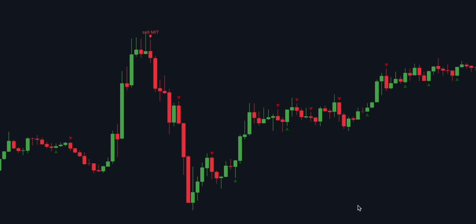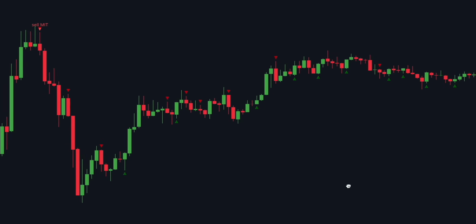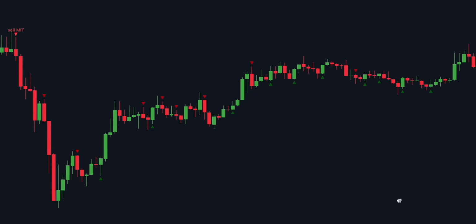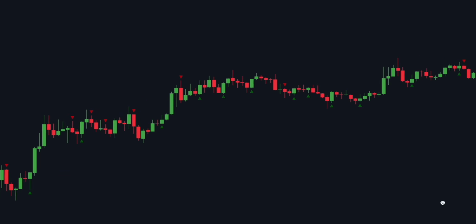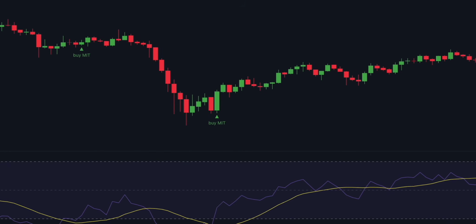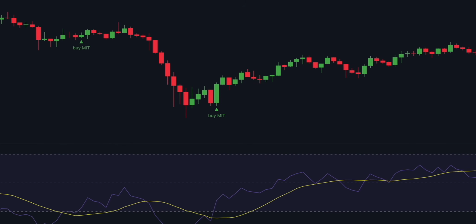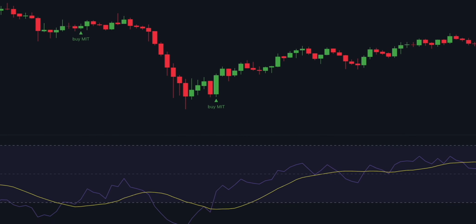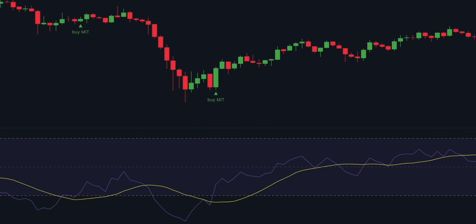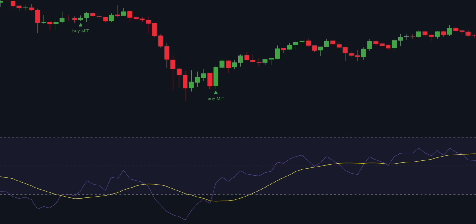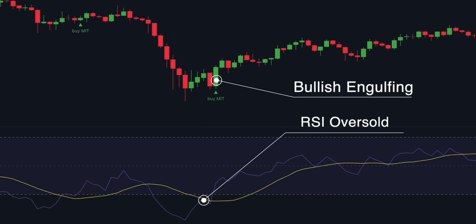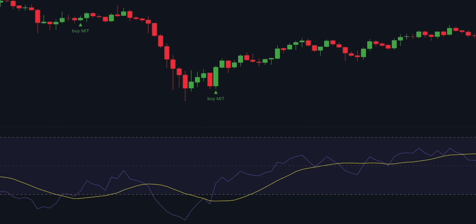But what's the secret behind this AI indicator, you might ask? Well, the nature behind it isn't as complicated as you might think. The reason the signals given by this indicator are so much more accurate is that they are filtered by the relative strength index. The logic is simple. A bullish engulfing price bar is displayed only if it occurs when the RSI is oversold.